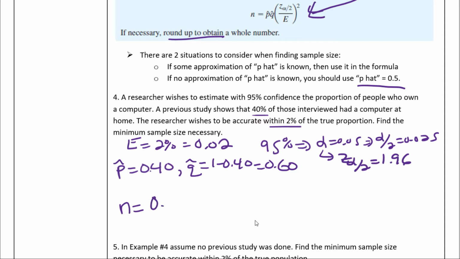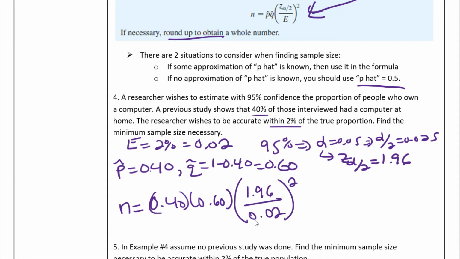So we have 0.40 times 0.60 times our Z alpha over 2, 1.96, divided by E, 0.02, squared. Quickly calculate that.